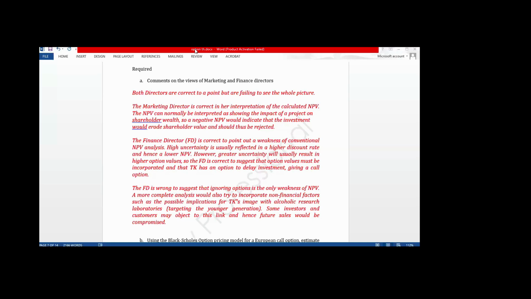High uncertainty is usually reflected in a high discount rate. Hence, it lowers the NPV. High uncertainty will give rise to higher risk. Higher risk will increase your discount rate. Increase in your discount rate will reduce your NPV.